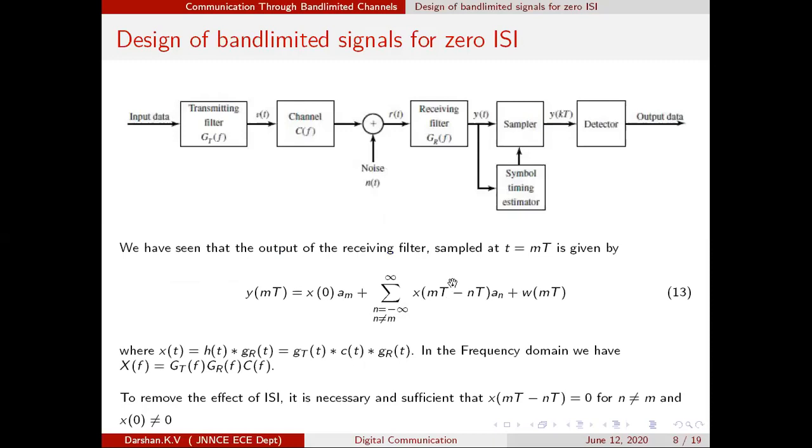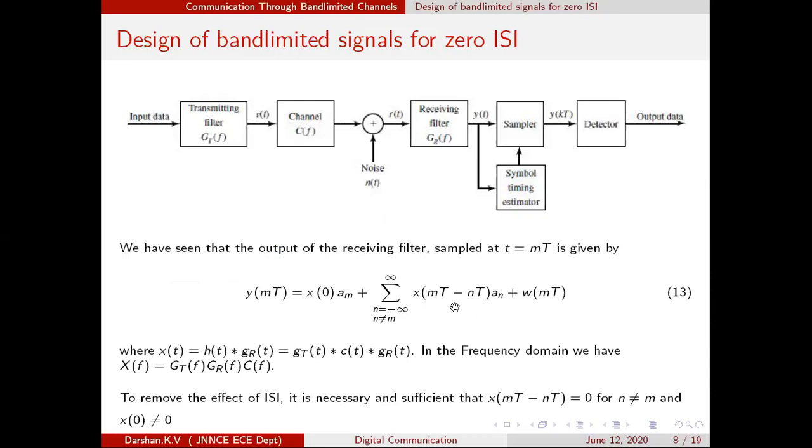Now, if you want to have controlled ISI, you should have an ISI component. I'm going to add an ISI component. Let us assume for the time being we are going to add one ISI component. Therefore, how many terms are you supposed to have in this summation? One term, because we are interested in adding one ISI component.